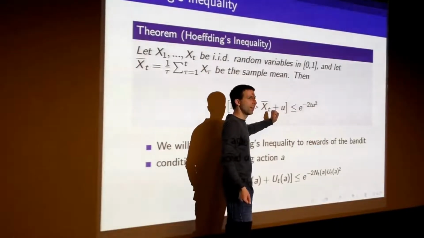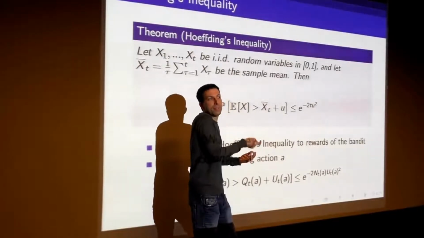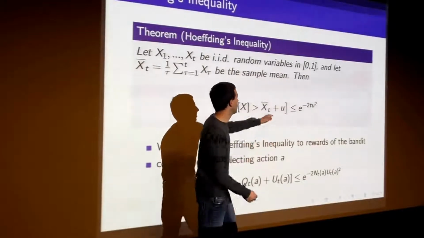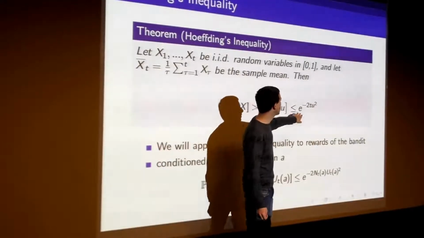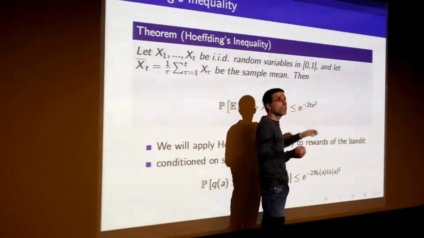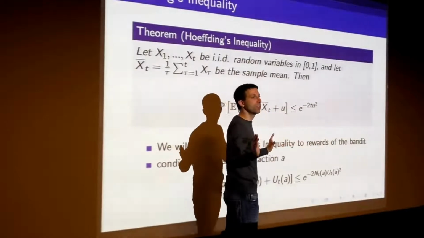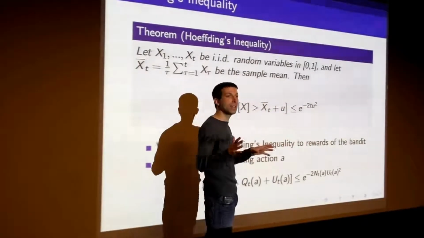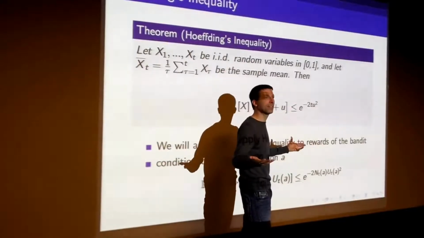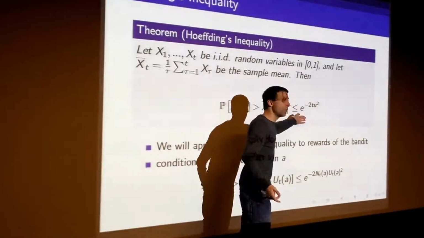You've just seen a bunch of coin tosses, and what's the chance that the mean of your coin toss is different from the real bias of your coin by more than u? It turns out that you can bound this by this arbitrary-seeming exponential value, and this is true for any distribution. It doesn't matter what the distribution is, or if it's symmetric. This is always true. In fact, it's maybe a little bit weak because of that. It's not making a lot of assumptions, and therefore it's perhaps quite a weak inequality.